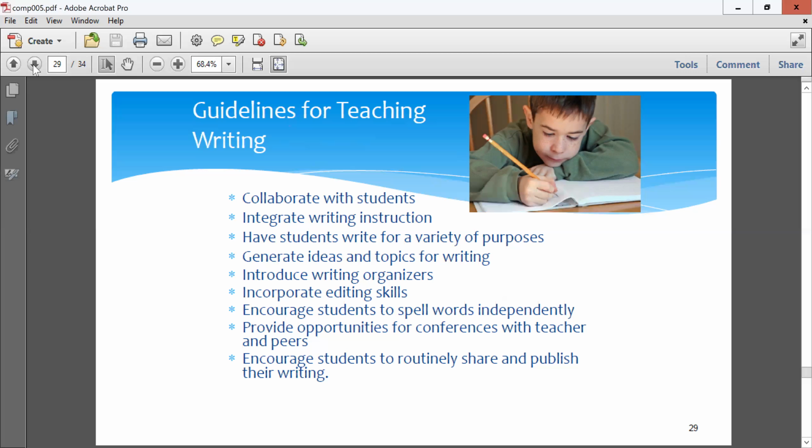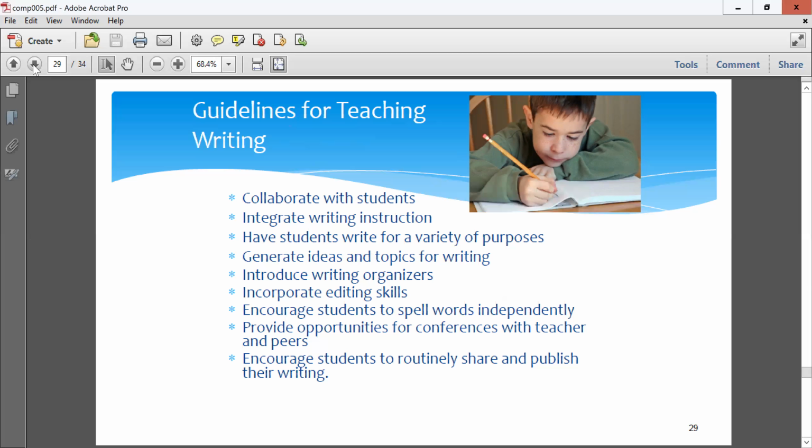And there are a lot of graphic organizers that assist you in doing that, whether it be a sequencing chart or a plot map or various things, helping students understand how to organize their writing, incorporating editing skills, understanding that we all edit our writing, and we don't have to edit on the first draft.